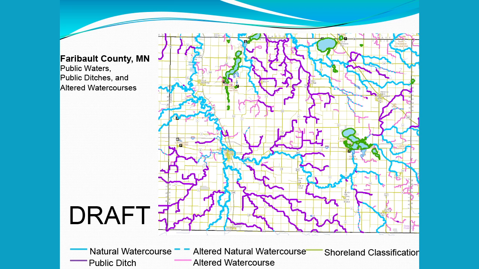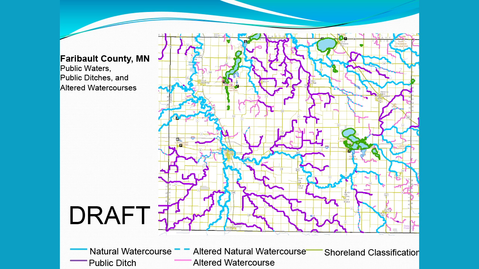These pink ones would most likely be the private ditches within the public drainage systems, but we don't actually know where the public drainage system benefited areas are in all cases yet.